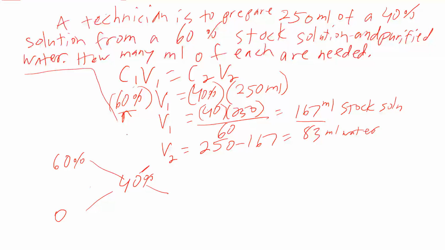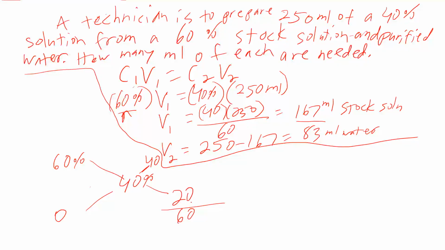Let me do it this way so we don't get confused here. Then we do the difference. The difference between 0 and 40% is 40. The difference between 60 and 40 is 20. So that's 40 parts of the 60%, 20 parts of the 0%, and then 60 would be the total parts. So it's 60 parts of the 40%. Okay?